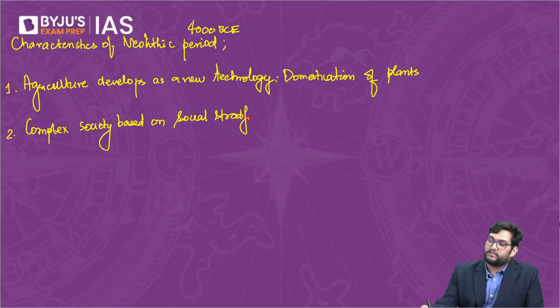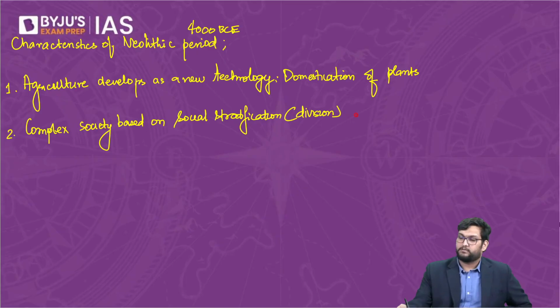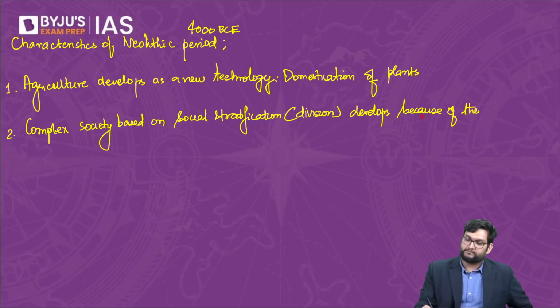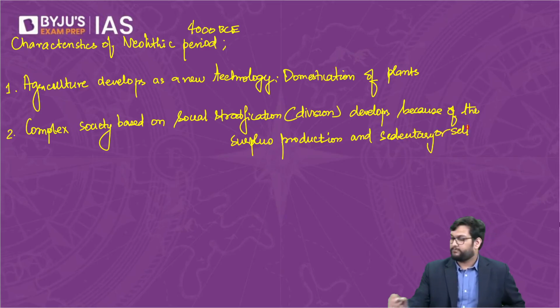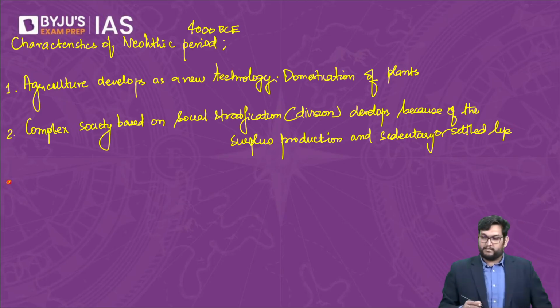Stratification means division, develops because of the surplus production and sedentary or settled life. How did they get the seeds? Trial and error.